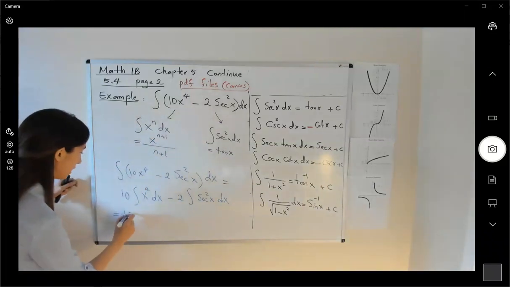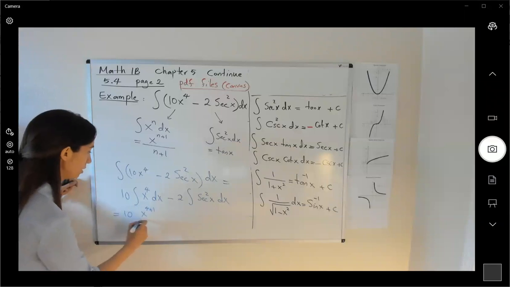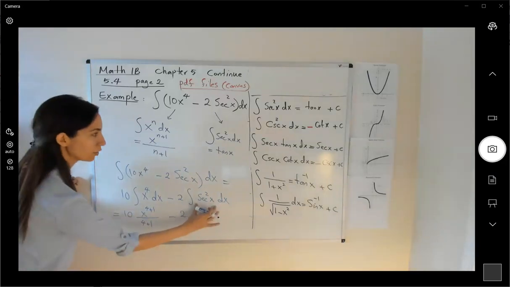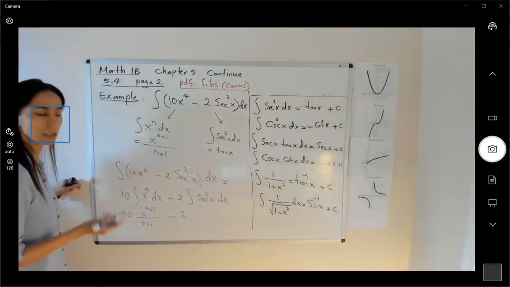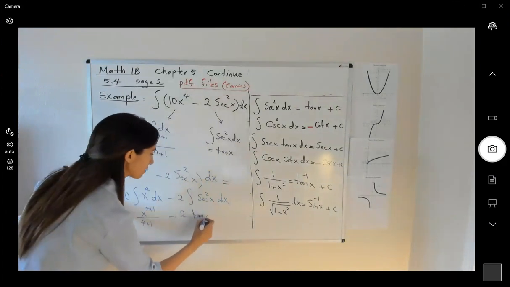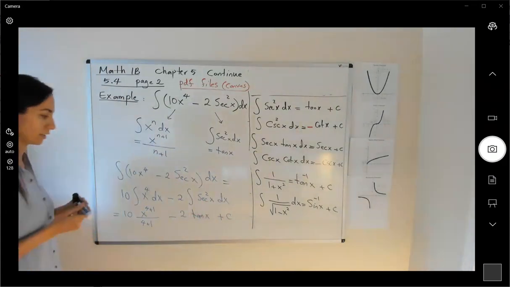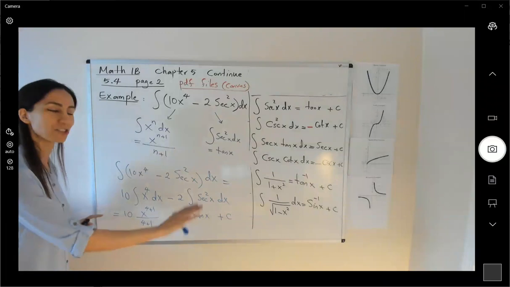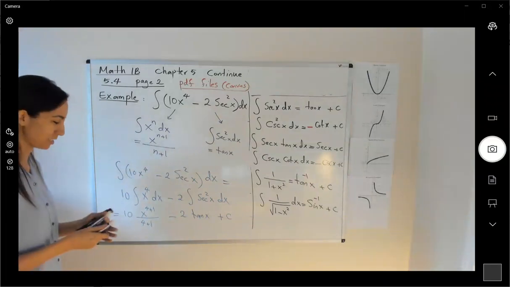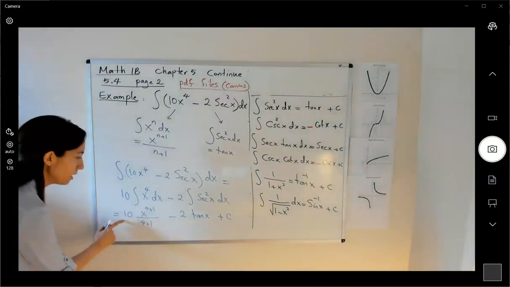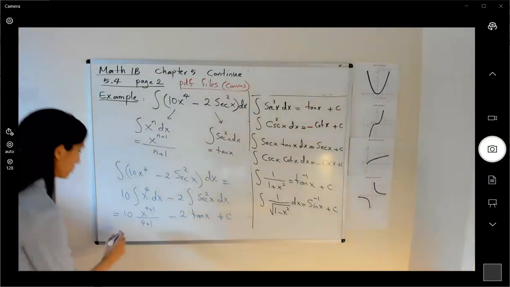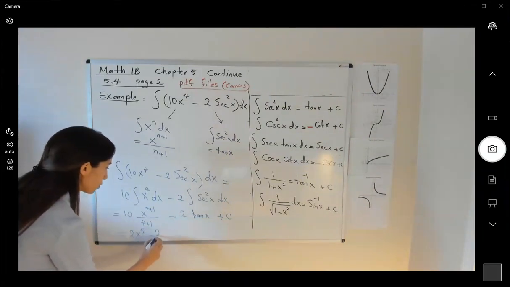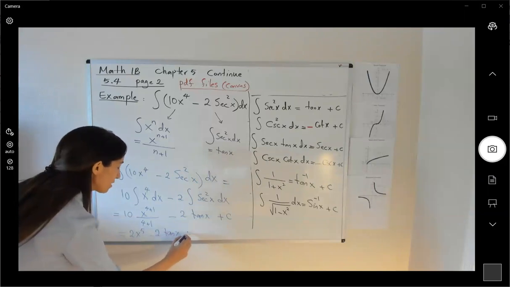So I have 10 x to 4 plus 1 over 4 plus 1 minus 2 times, and I know that the integral of secant squared is nothing but tangent x plus the constant of integration. We're done with calculus part. Now we're just applying algebra to simplify this. 10 divided by 5 is 2. So the outcome is 2 x to the 5th power minus 2 times tangent x plus c.